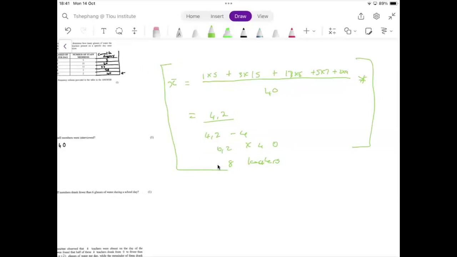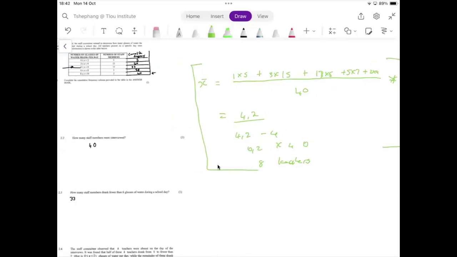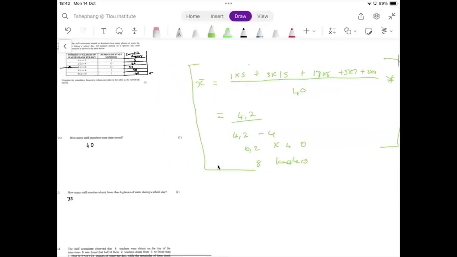Use the mean by saying the midpoint of the first class is 1 multiplied by the number of staff members, plus 3, which is the midpoint of the second class, multiplied by the number of staff members, which is 15, and just keep doing that and dividing by the total, which is 40. So rather use that one so that there isn't confusion. Because remember with the paper, there are maybe 3 or 4 solutions to a problem. So any of these two is acceptable. So go for the easier one, which is the second one that I did.